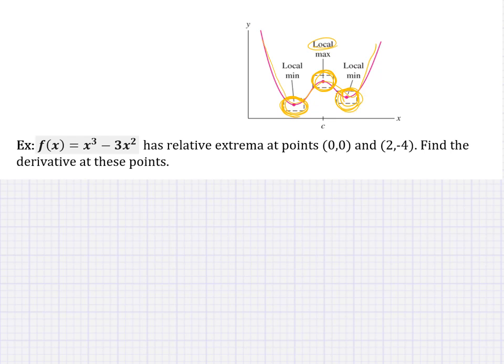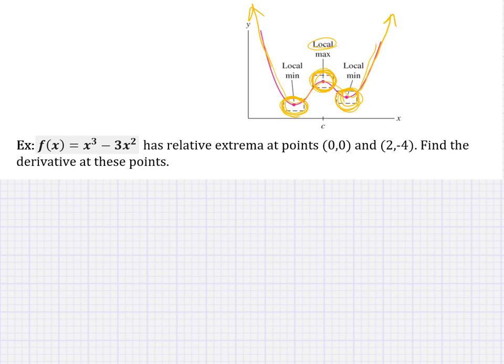Now, in looking at these in terms of absolute, none of these are the absolute maximum point. If you think about this graph that infinitely goes up this way and infinitely goes up this way, it wouldn't have an absolute maximum, but it does have this local maximum.